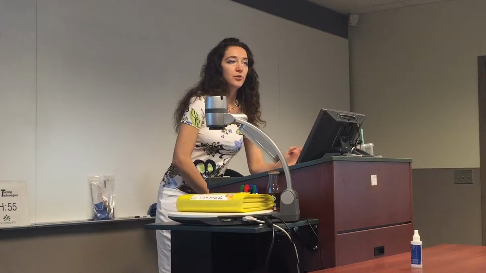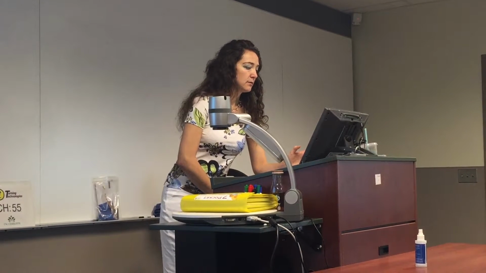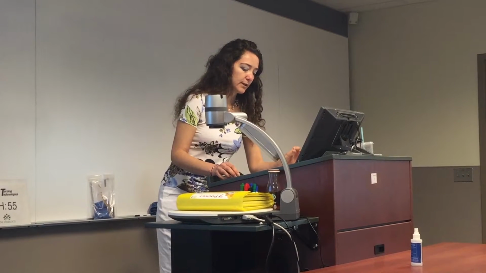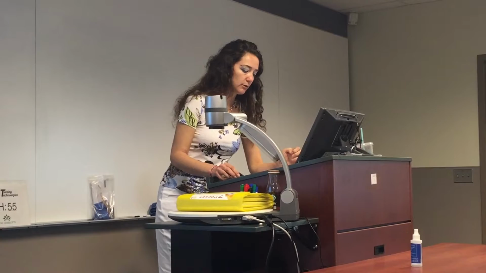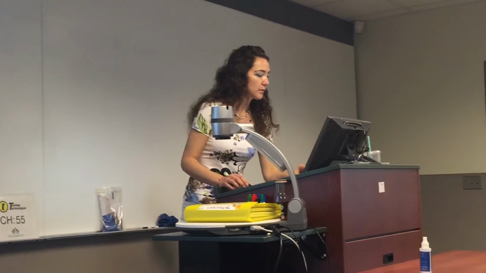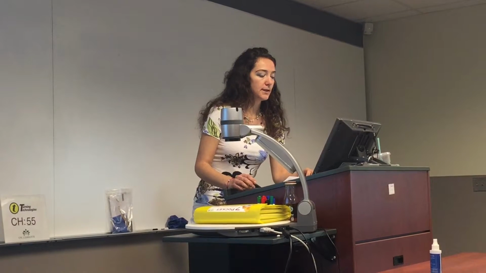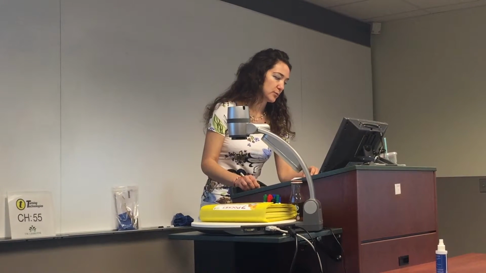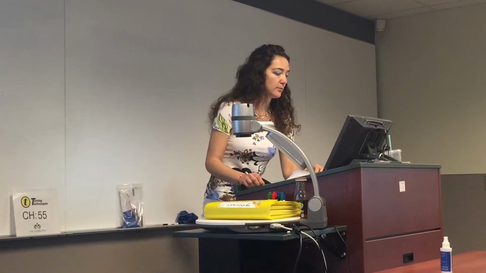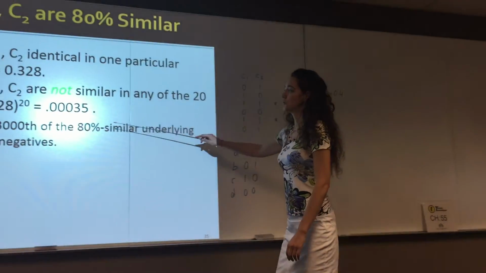Now, if we do that, though, we are definitely going to miss some pairs, and there is a way to determine how many we have missed. So let's say we had 100,000 columns. The probability that the two columns are identical in a particular band will be 32%. The probability that they're not similar in any of the other bands is very, very small, 0.00035.